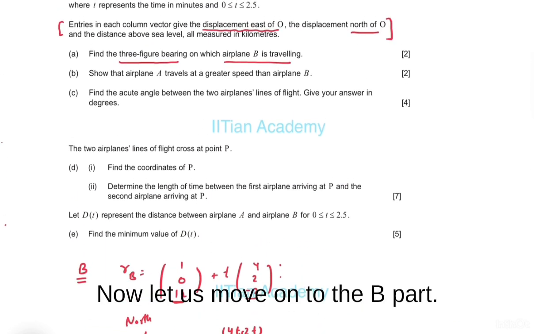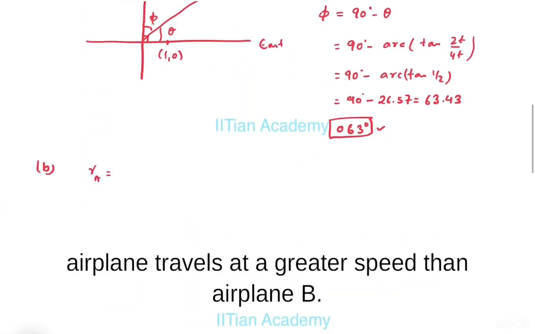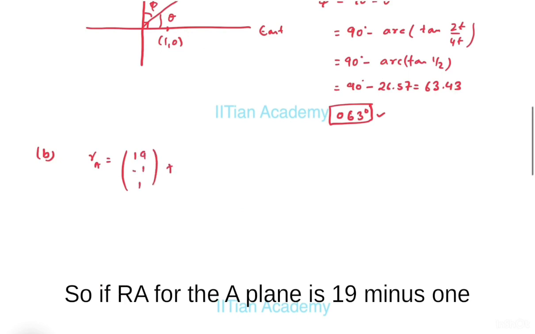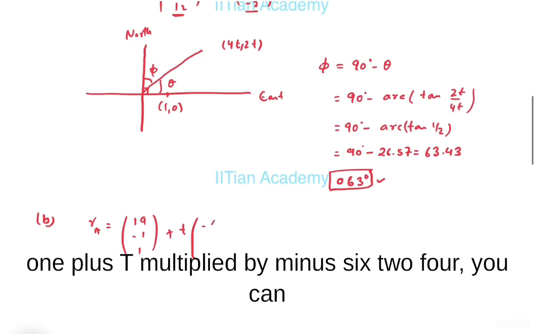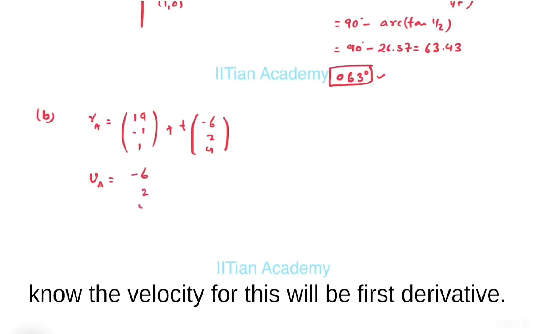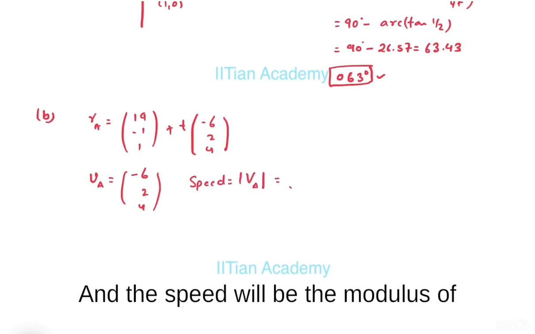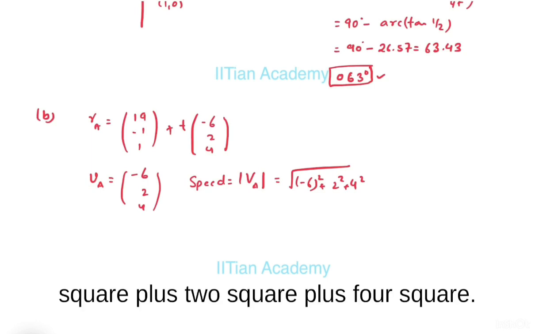Now let us move on to the B part. In the B part, we have to show that airplane A travels at a greater speed than airplane B. So if RA for the A plane is (19, -1, 0) plus t times (-6, 2, 4), the velocity will be the first derivative, that will be (-6, 2, 4), and the speed will be the modulus of VA, which will be root under (-6) square plus 2 square plus 4 square.